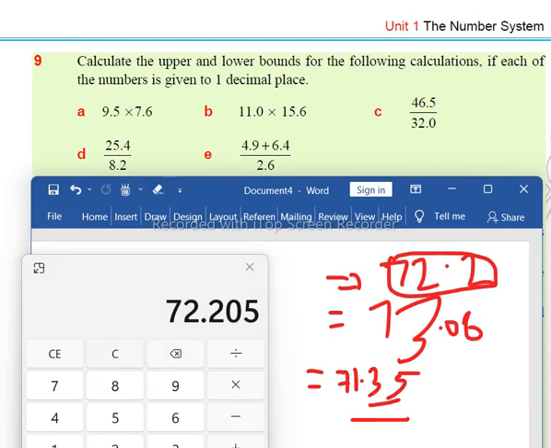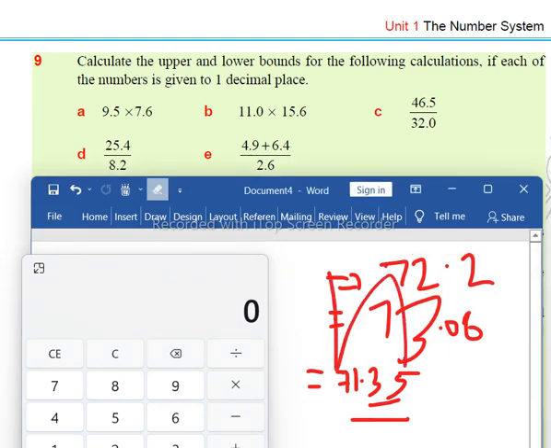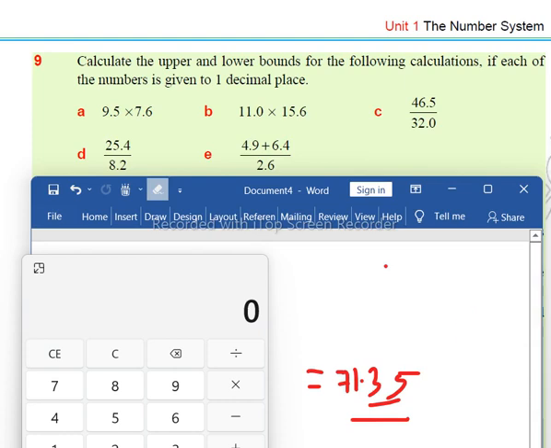Letter D says division. We can do this division with the lower and upper bound and compare with the original answer.